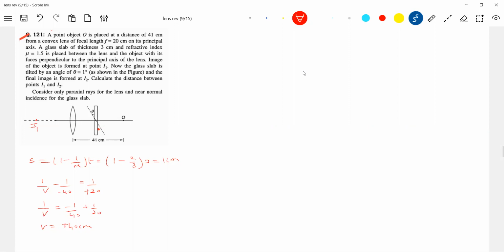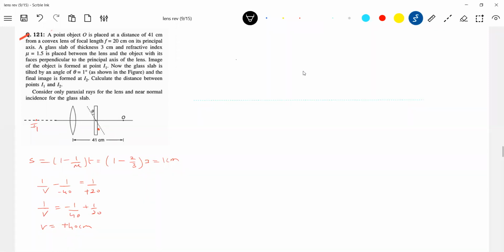Okay, agree this. There's a condition. Now let's get into the second part. Second part: when I just tilt it by a small angle theta, he's asking where the image I2 is and the separation between them. Calculate the distance between them. Let me construct a diagram. It's a simple idea.